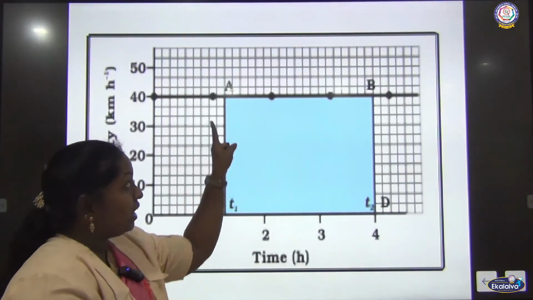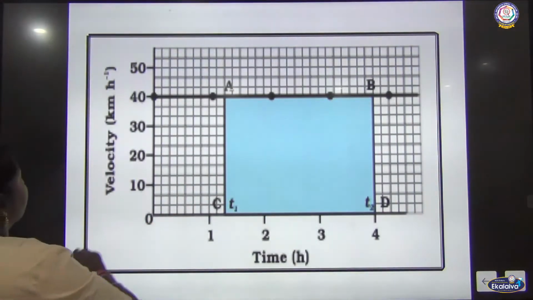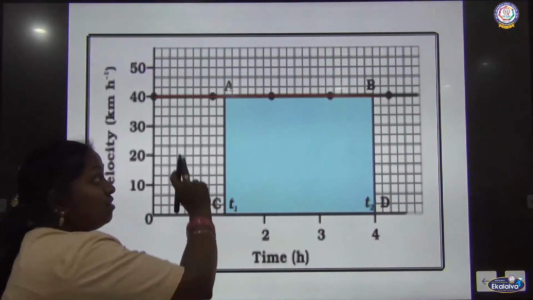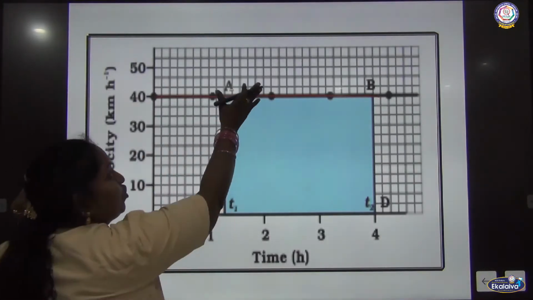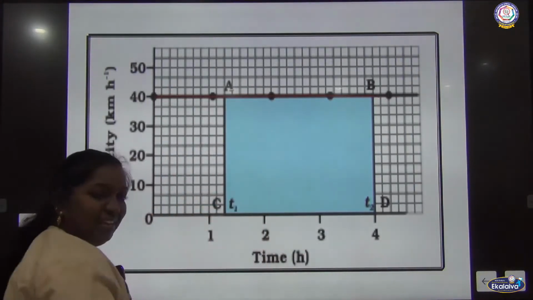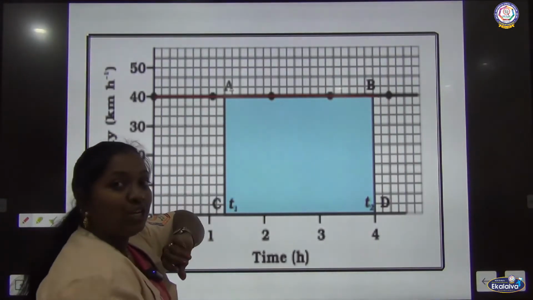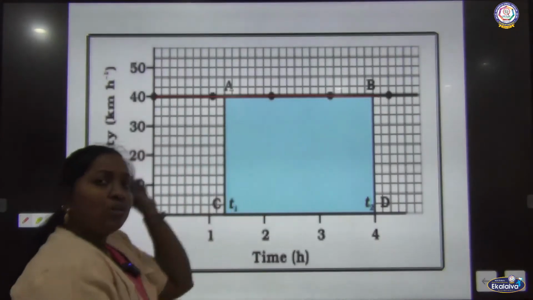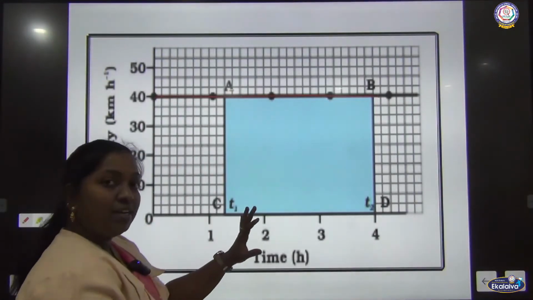What is the product we are getting when it is uniform? See now, this is also a straight line. This straight line is parallel to the time axis. Isn't it? The two are parallel to each other. The car is moving in a straight line. Note the graph very clearly, children.